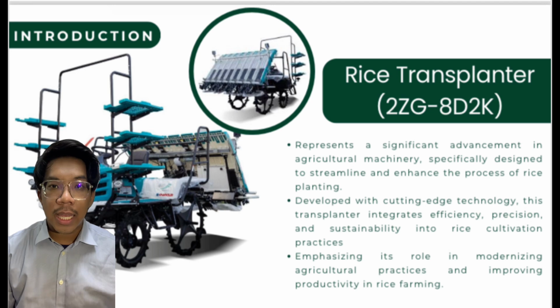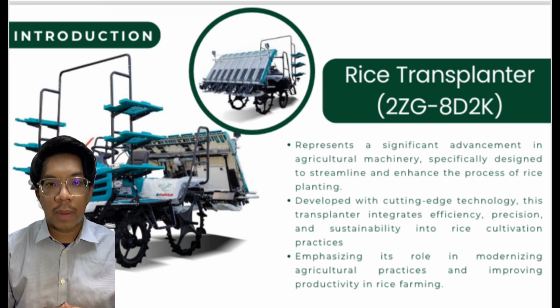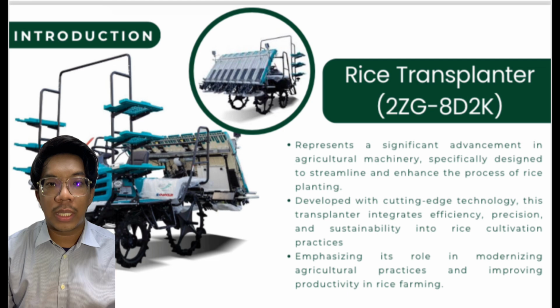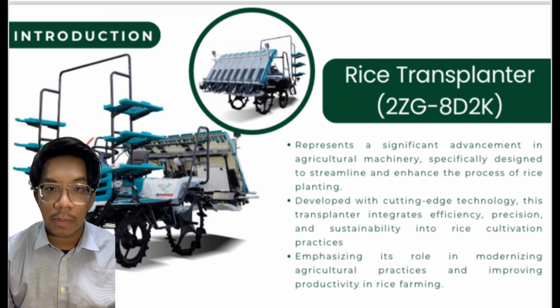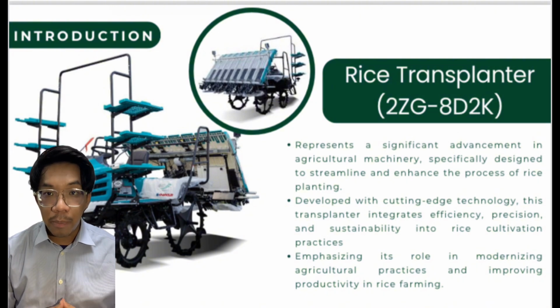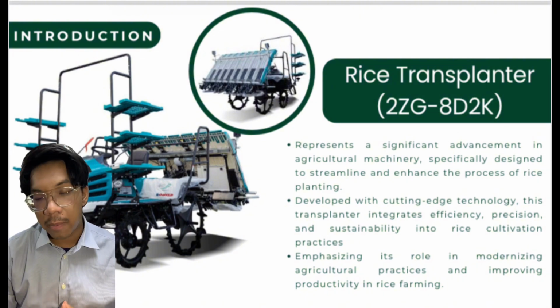Developed with cutting-edge technology, this transplanter integrates efficiency, precision, and sustainability into rice cultivating practice. This sets the stage by highlighting the key features and benefits of the rice transplanter, emphasizing its role in modernizing agriculture practice and improving productivity in rice farming.